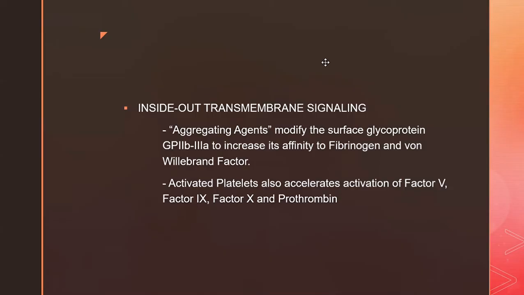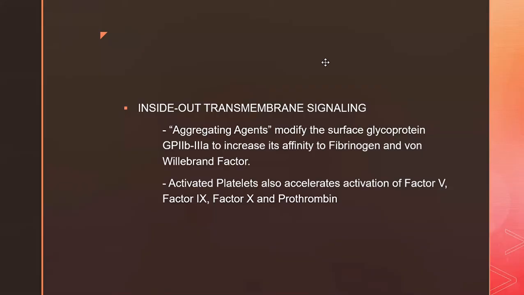Adhesion to the exposed collagen. Summary na to ng platelet plug formation. Adhesion to the collagen in the blood vessel. Second step, release reaction, releasing all the chemicals inside the platelet para mag-conform yung kanyang shape.